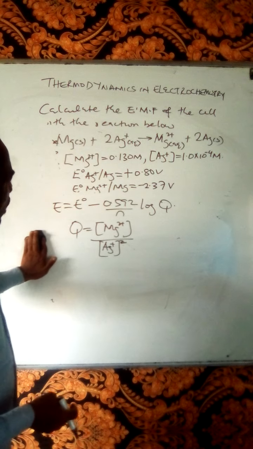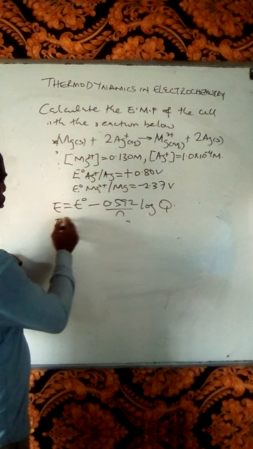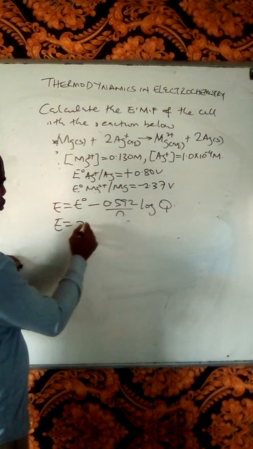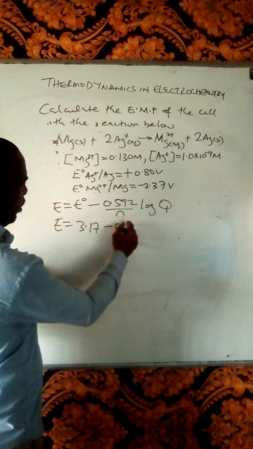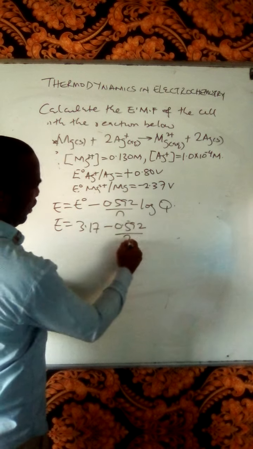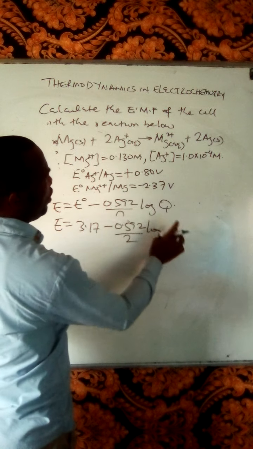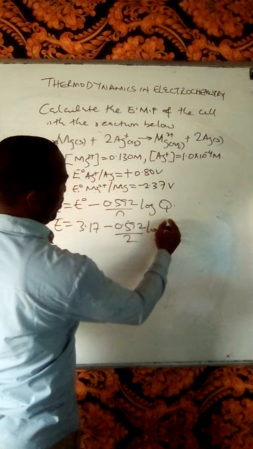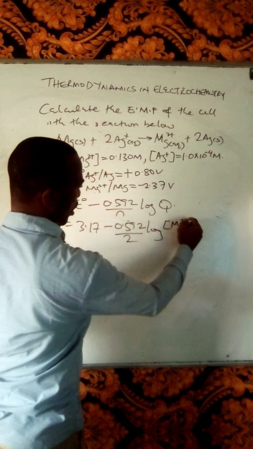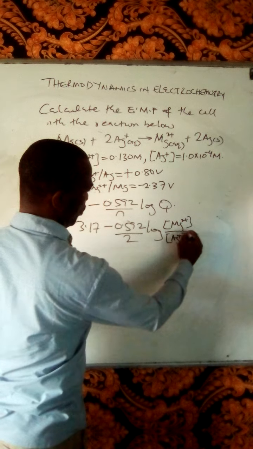Finally, we have E equals 3.17, calculated before, minus 0.592 over 2, since 2 moles of electrons are transferred, times log of magnesium ion concentration over silver ion concentration raised to power 2.